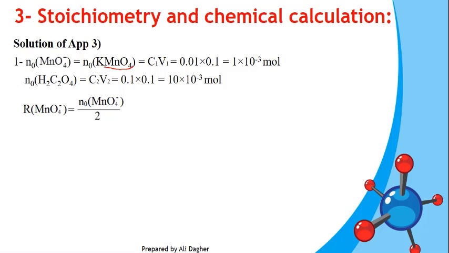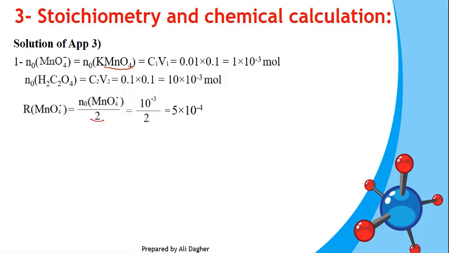We calculate the ratio for each reactant. Ratio of MnO4- equals N0 MnO4- over stoichiometry, which is 2 based on the equation, equals 10^-3 over 2, equals 5 times 10^-4. This is the ratio.